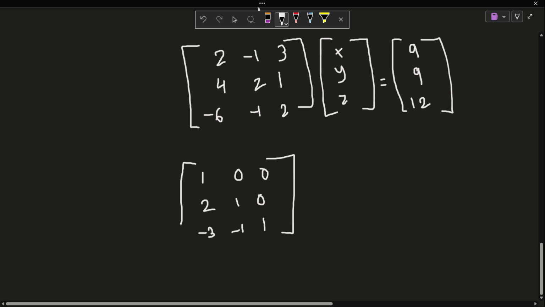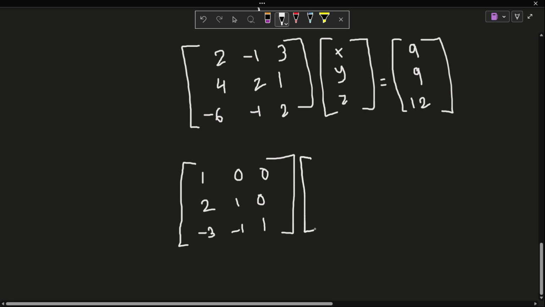And you can see how we can already find out what one of the variables is, and then from that it's easy to find the second variable and third, because they're already in reduced form. This is like flipped, but it's already in a reduced-ish form, and so there's really no massive computation that has to be done.